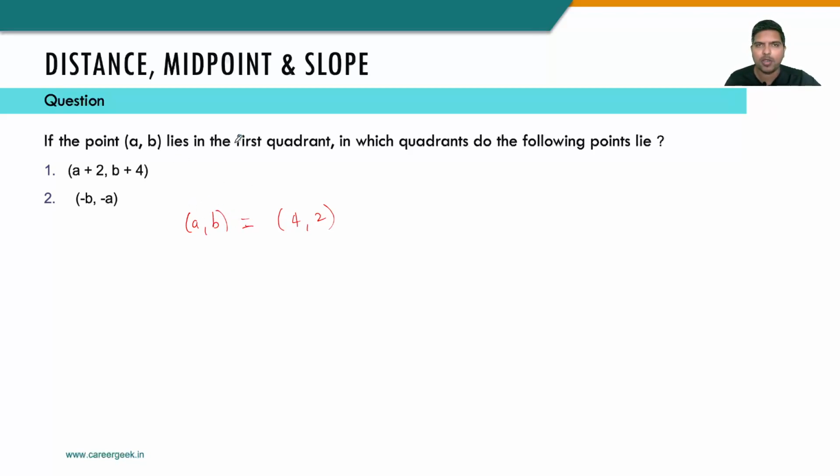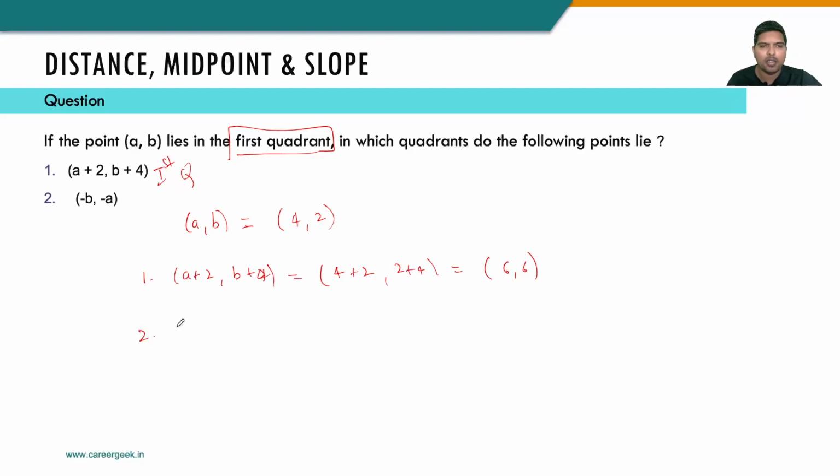So A is positive and B is positive. Now what I'll do is I'll find out what is going to be A plus 2 and B plus 4, because A is 4 and B is 2. So the point A plus 2, B plus 4 will become 6 comma 6, which is in the first quadrant only.